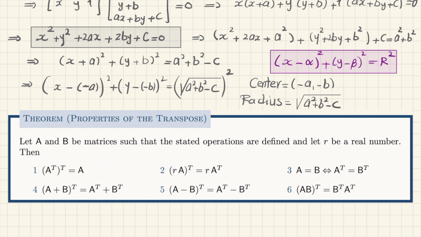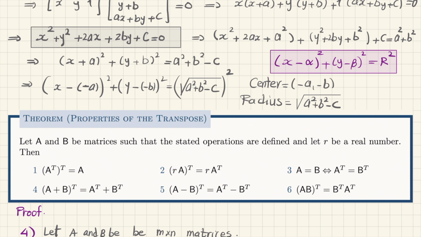So, for example, let me write the proof here. So number 4, for example, I would say that for definiteness of discussion, let A and B be, for example, m by n matrices.